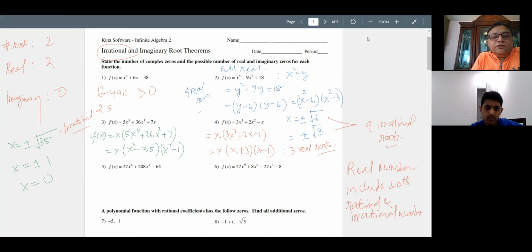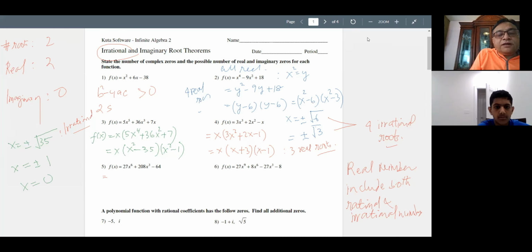Question number 5, can you factor this? I think you can. You can replace x cubed with y, for example. As far as the numbers go, 27, 208, 64, do they have anything common? 6 and 4 is 12, so 3 is definitely common, 9 is not there. 208 is not a multiple of 3, so no number is common.